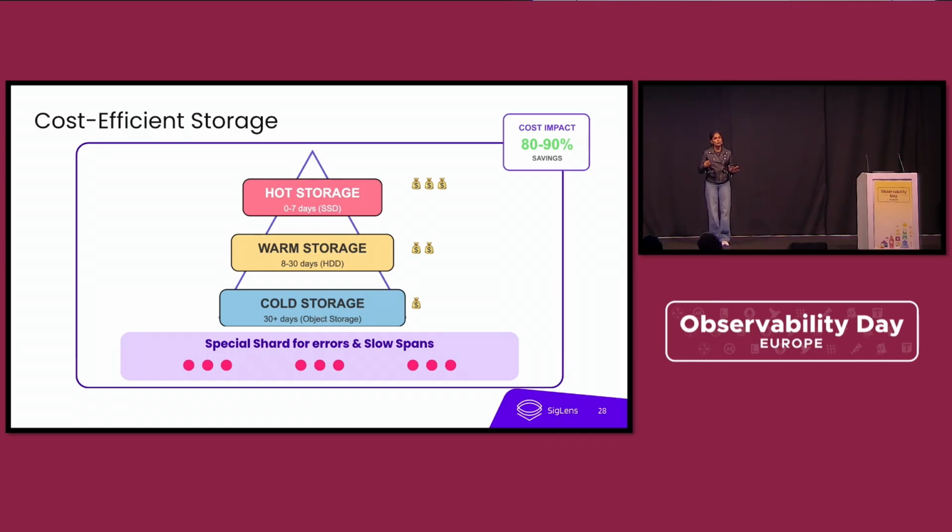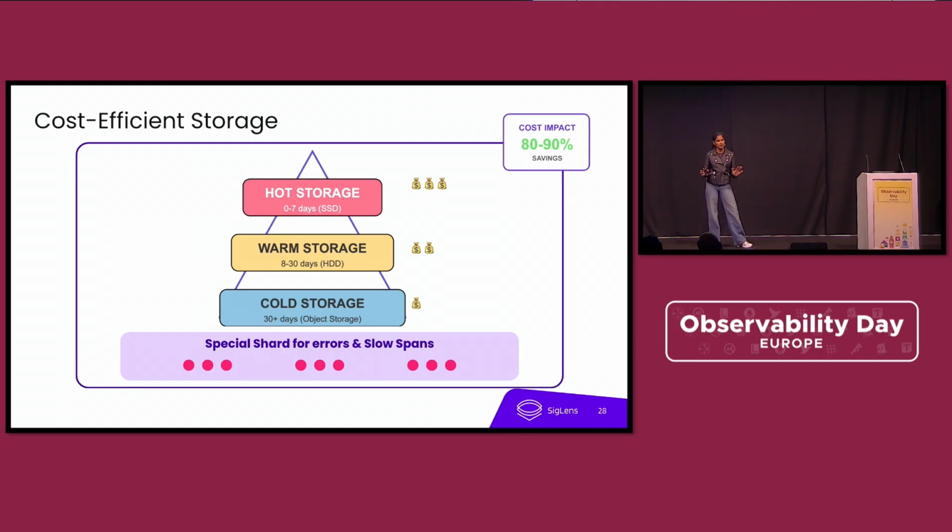Now, for long-term cost management, how can you build this cost-efficient storage? For that, you can have a tiered architecture. You can have 3 main levels, like hot storage for the recent data. It is typically for 0 to 7 days, and we use high-performance SSDs to store that. Then you have warm storage, which is typically 8 to 30 days.